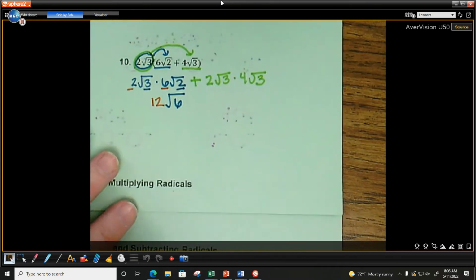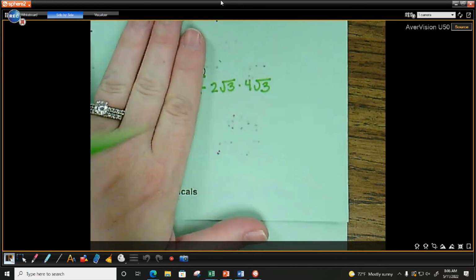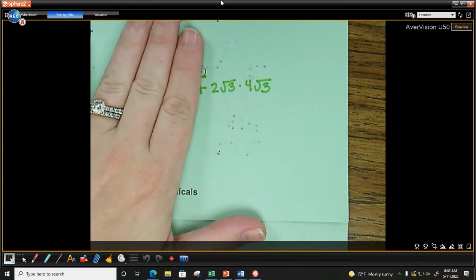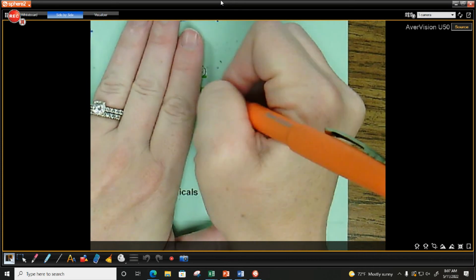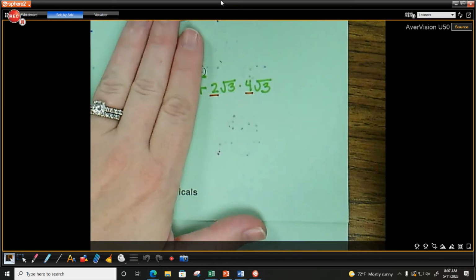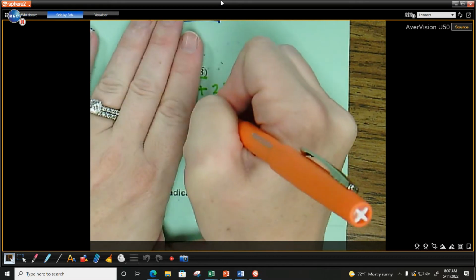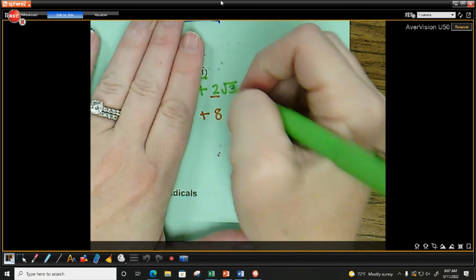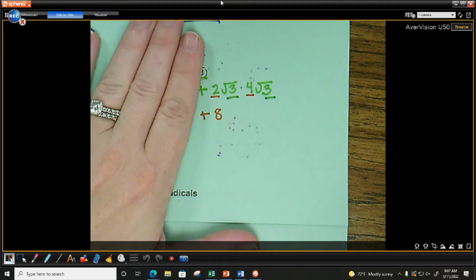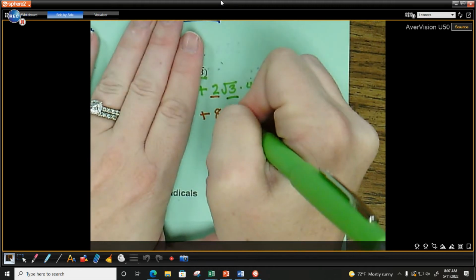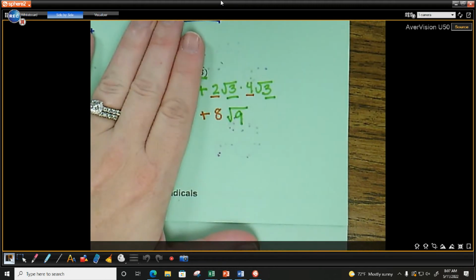Look over here. What am I going to do? Multiply the coefficients. What's 2 times 4? 8. So plus 8. And then 3 times 3 is? So square root 9. Drop down your plus 8.